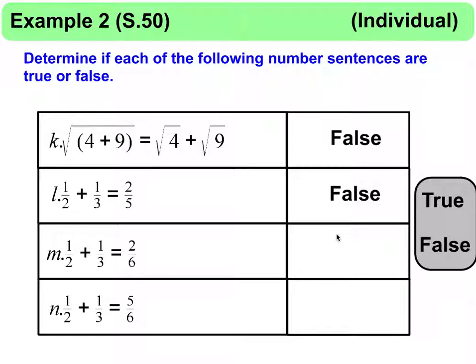For 1/2 plus 1/3 equals 2/6, that will also be false. And then 1/2 plus 1/3 equals 5/6, that will be true. If you do need help solving any of these mathematically, please contact your child's teacher and they will be more than happy to walk you through the summation of each of these expressions.